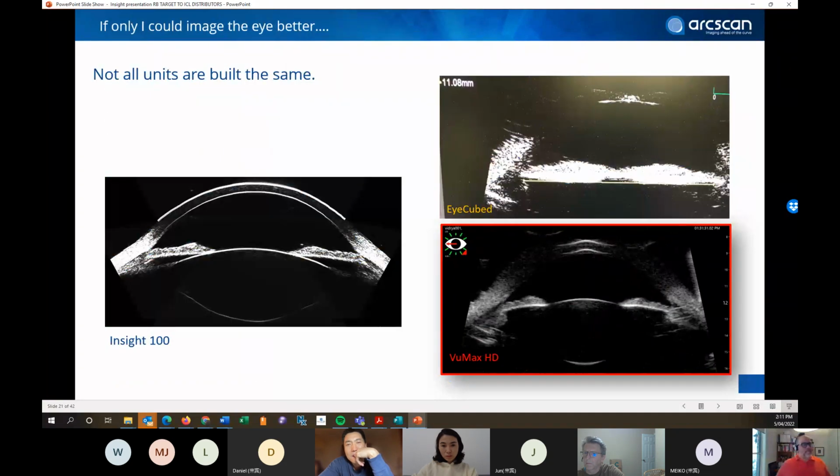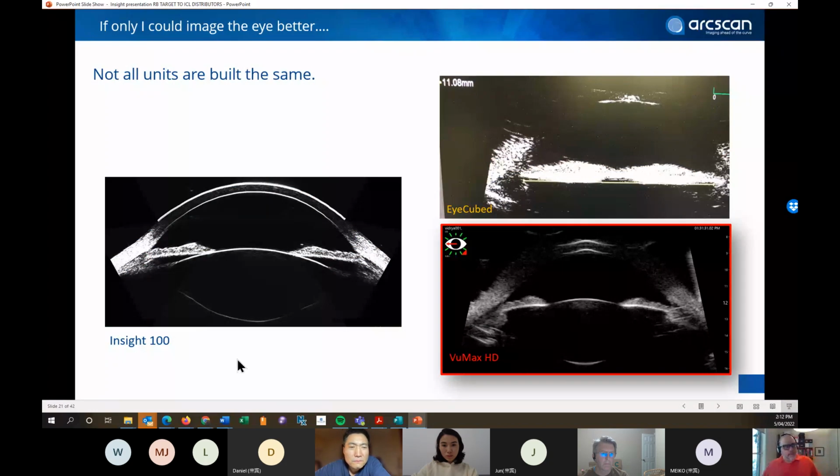And then, I know this was made with a little bit of bad marketing, with a little bit of an evil eye, but the image created by the Insight 100 looks like a primitive OCT. It is so good that nobody will think that this is an ultrasound.